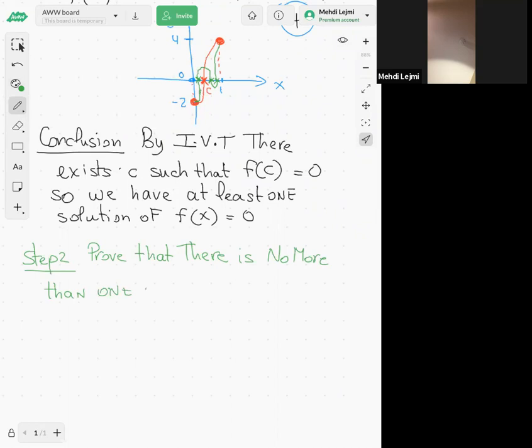And here, to prove that there is no more than some number of solutions, you have to use Rolle's theorem. There is no more than one solution, and so we have to use Rolle's theorem.